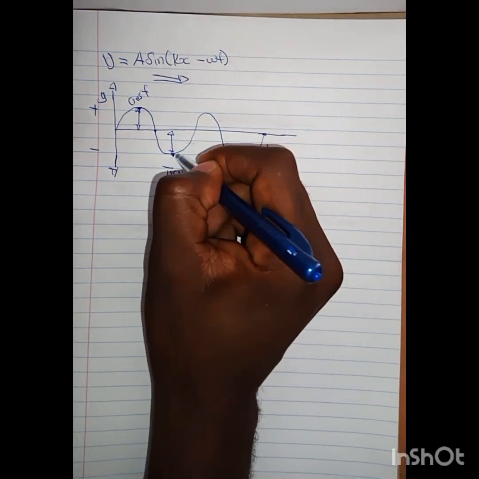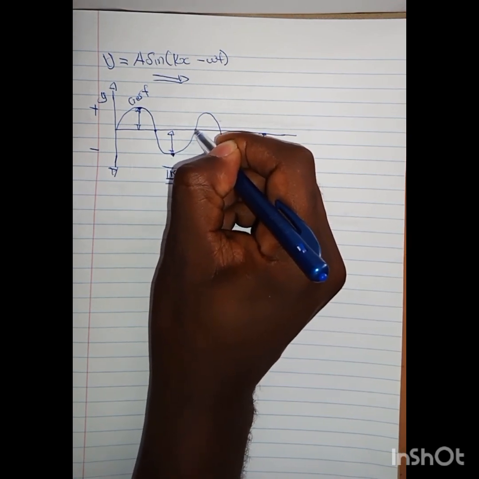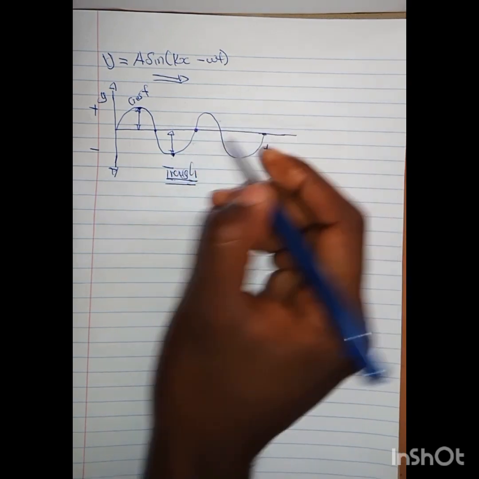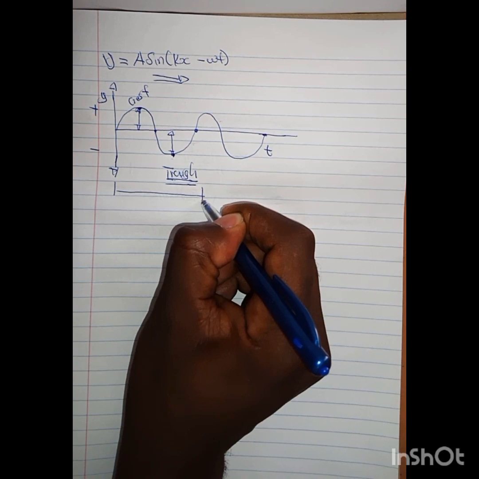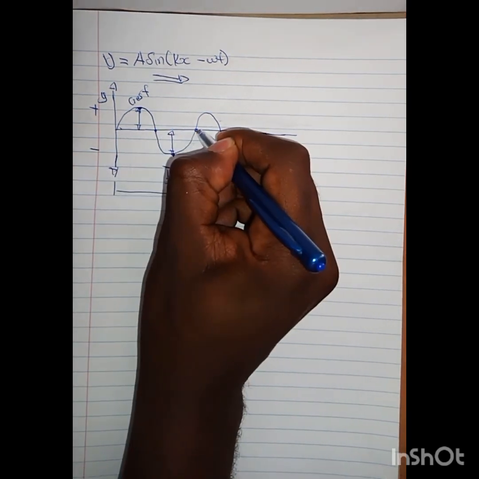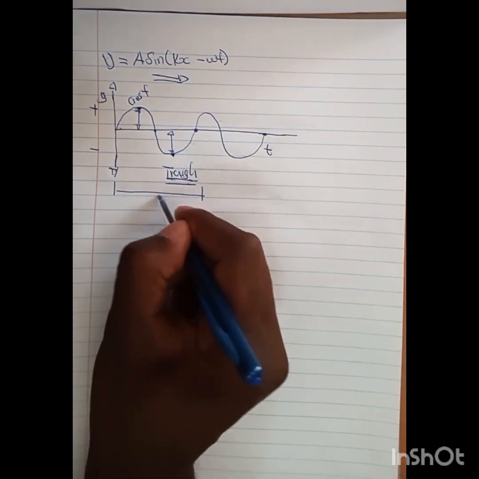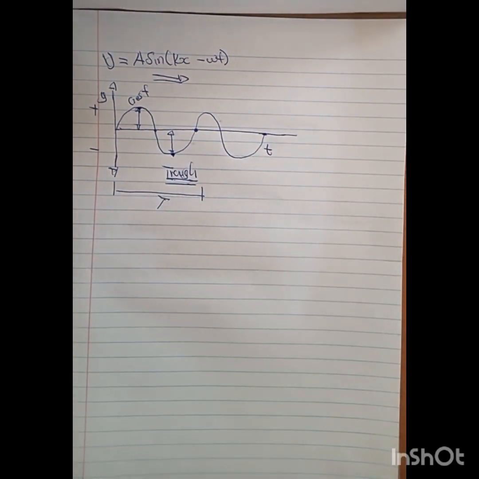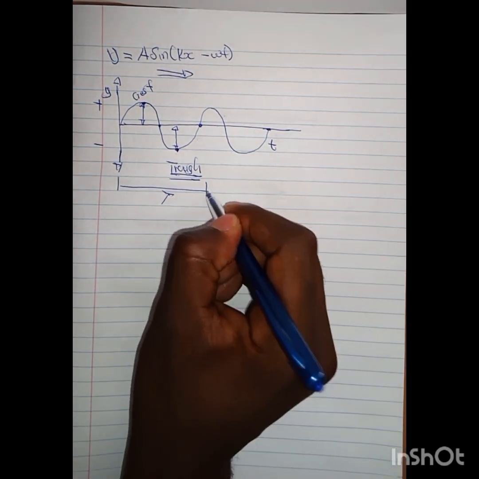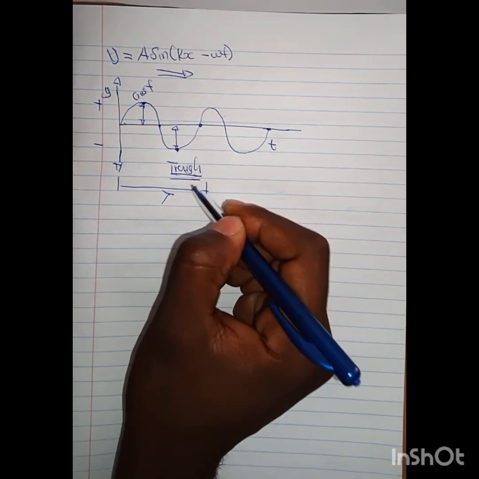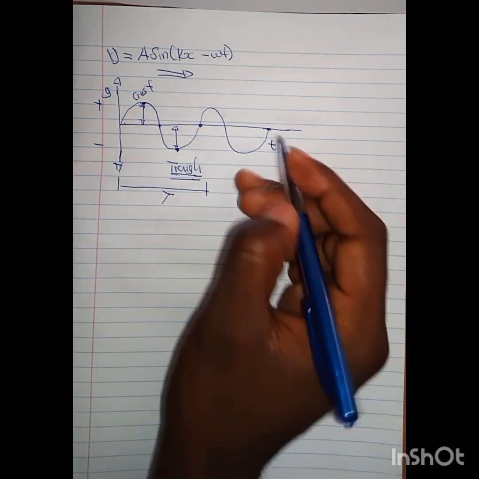When we check our wave as it moves back to this point, you can see that we have now formed one complete sine wave from this point to this point. This distance over there is our wavelength. The wavelength is the distance for one complete wave.